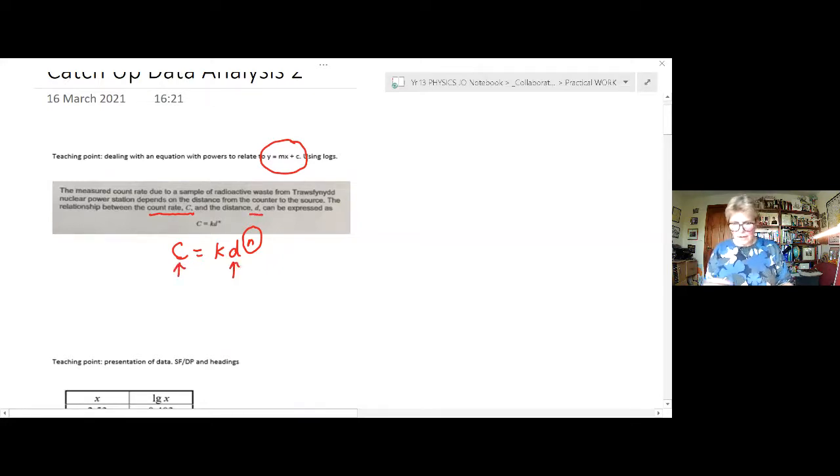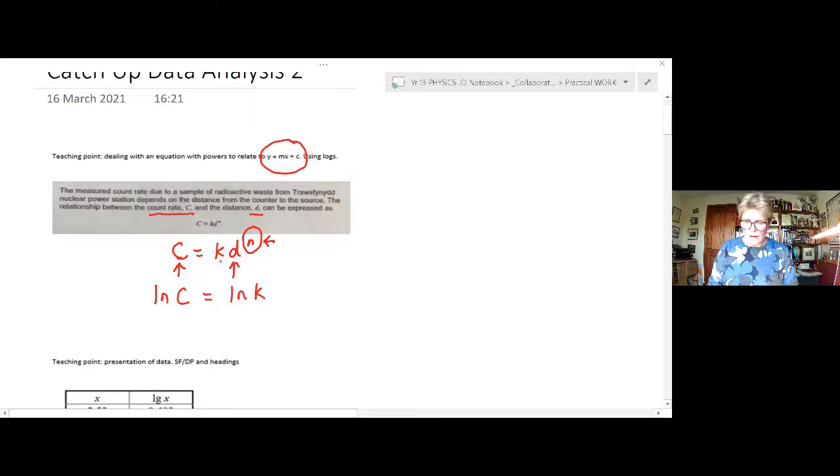If we want to get it into y equals mx plus c, and you see this exponential form, then what we have to do is log the relationship. And because it's not to the base 10 at all, i.e. this d varies, then we do natural logs, okay? So log c equals log k.